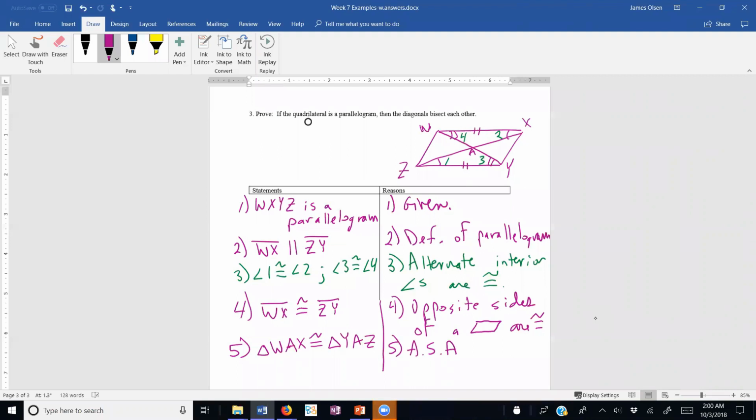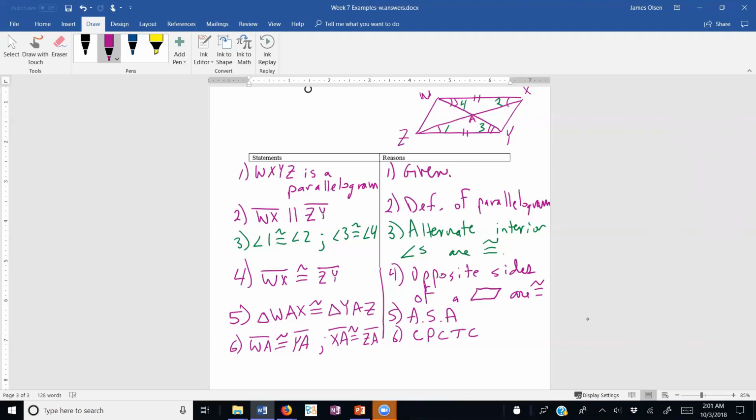And now we have corresponding parts of congruent triangles are congruent. Segment WA is congruent to segment YA, and segment XA is congruent to segment ZA. Corresponding parts of congruent triangles are congruent.